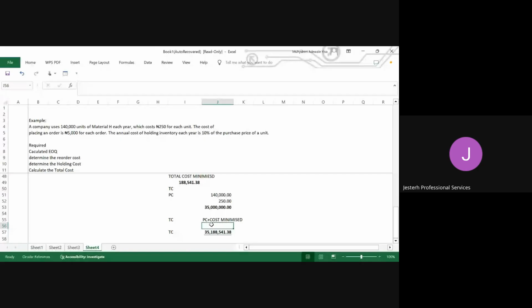So in these aspects, it is just to help an organization structure when and how they need to bring in their materials, and how they can minimize the cost of bringing this material into their store or their factories.